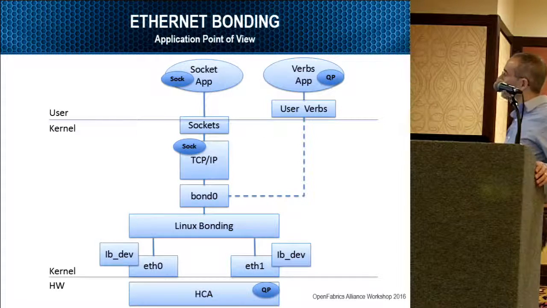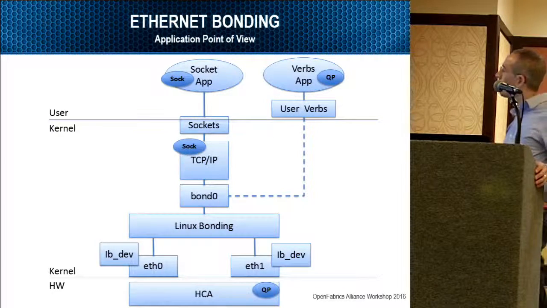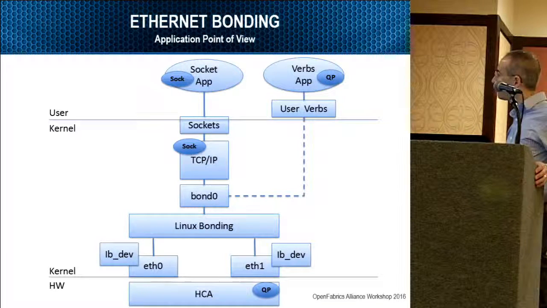So we would like to get such functionality also for RDMA. And for RDMA, we see here we have the Verbs application, we have user Verbs, and basically we have a direct hardware OS bypass API that can communicate through user mode to hardware directly.